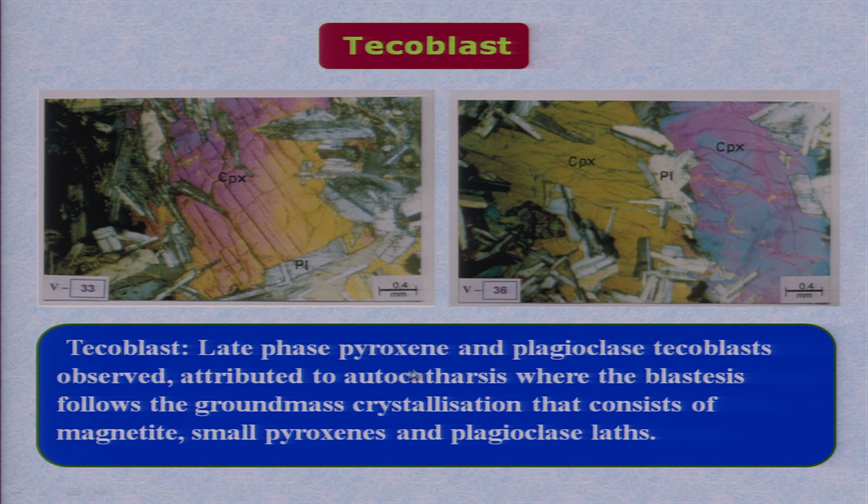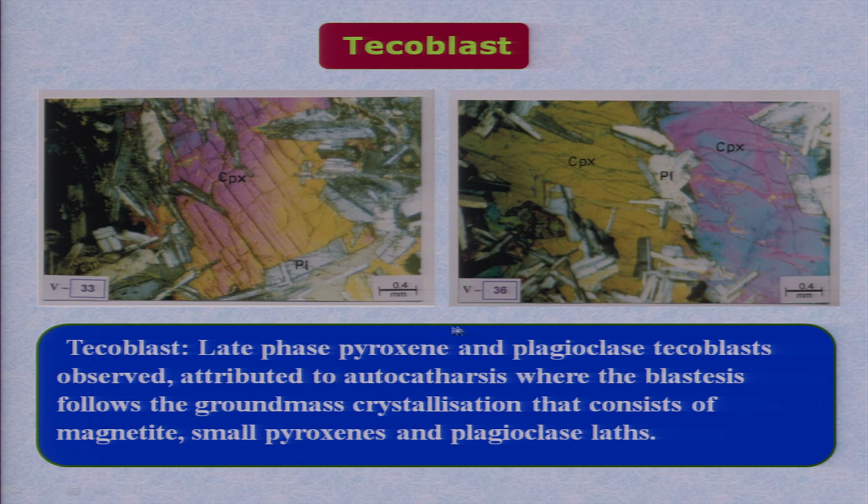Late phase pyroxene and plagioclase megacrysts. These are all pyroxene megacrysts. See here, they represent second order, high order polarization colors. This megacryst also shows twinning in this slide.